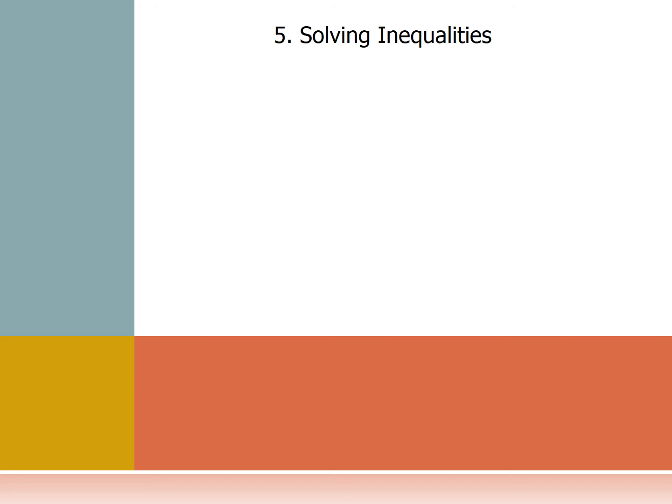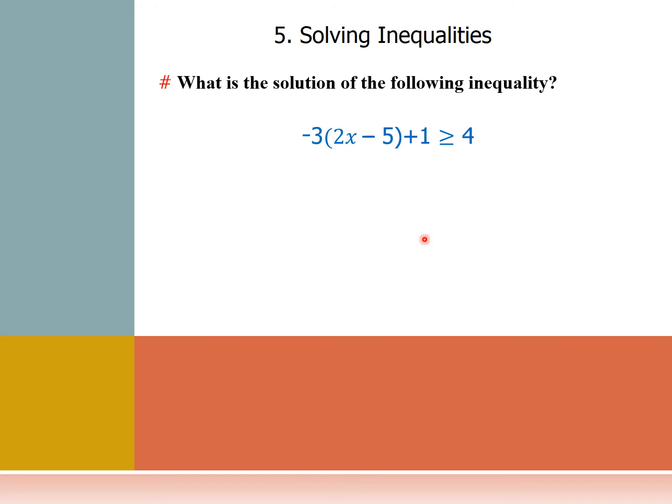Now solving inequalities. What is the solution of the following inequality? When we have this inequality, we have to find the value of x. So get rid of the 1 first by subtracting 1 from each side. We have 1 minus 1 is 0, and 4 minus 1 is 3.